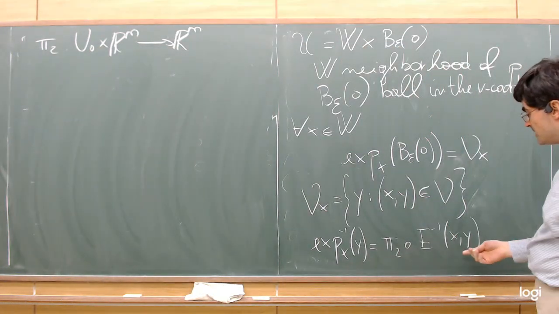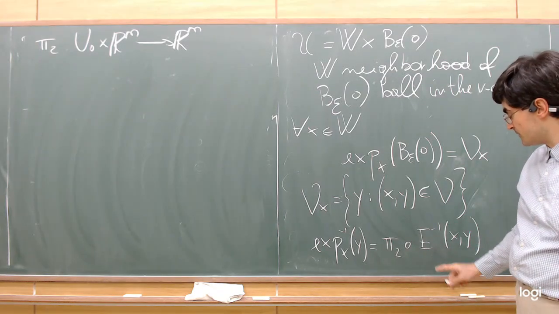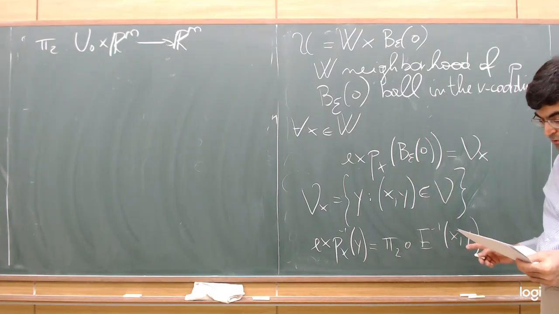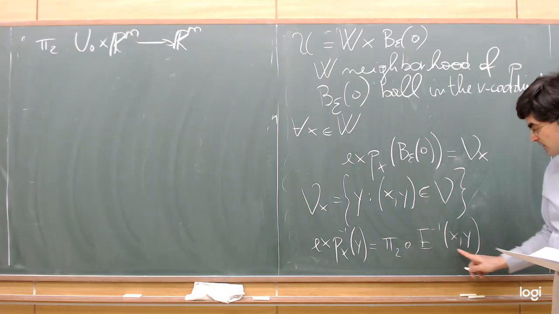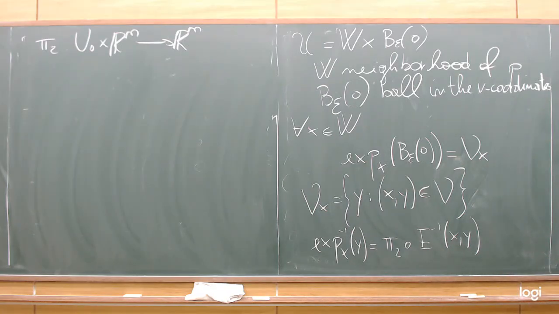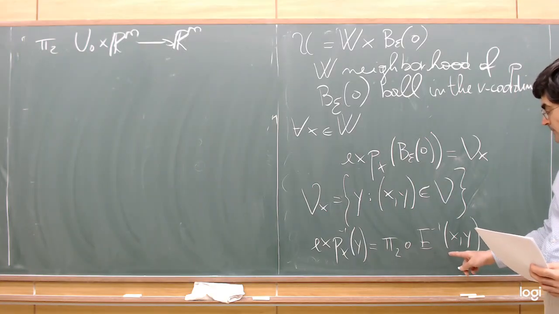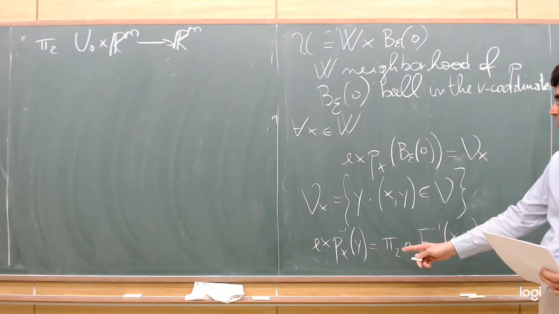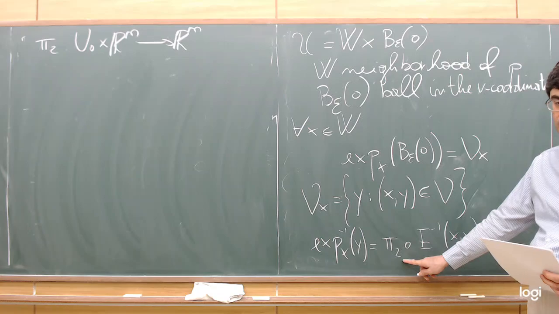The reason why this is true is that this map was defined as the map sending (x, v) to x and the image by the exponential map of v. So when you write it this way, what you get is a pair, x and the vector, but you want only the vector, so you compose with the projection onto the second factor.